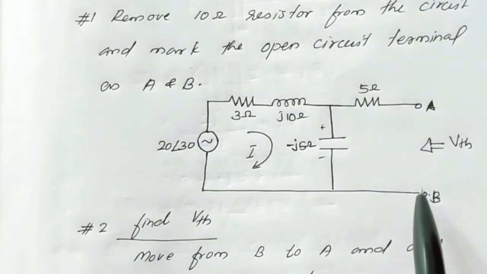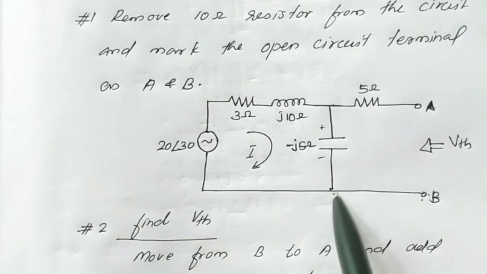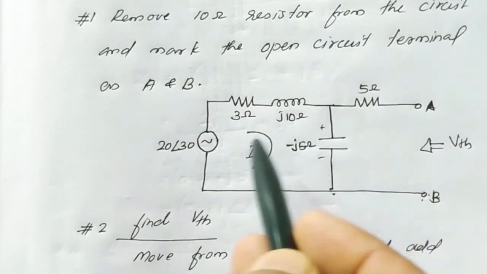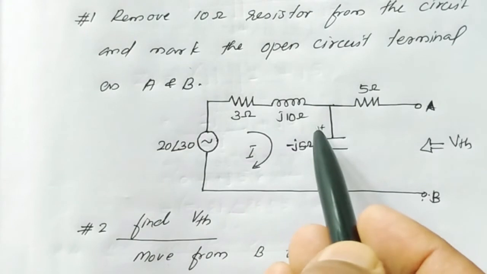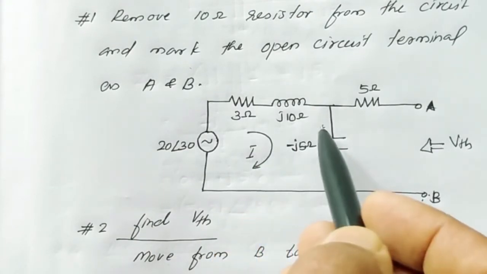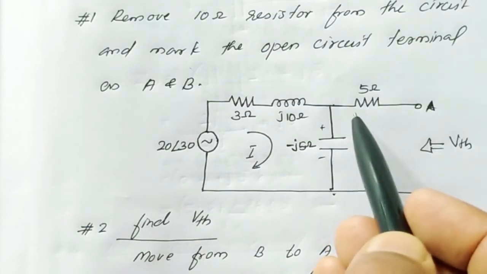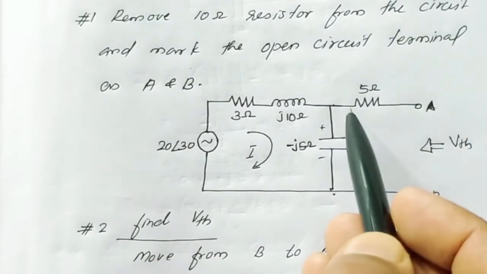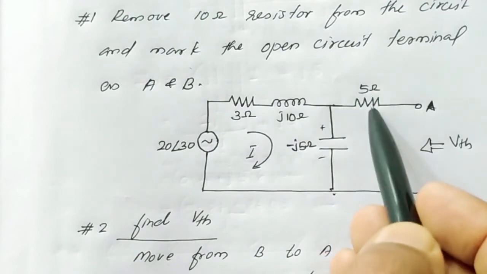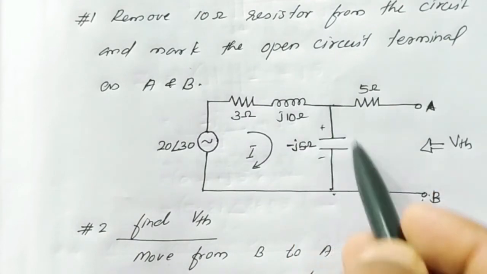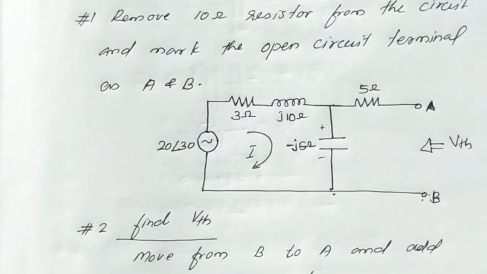Here the voltage drop in this path is 0. The voltage drop in this path is this impedance times I. It is a rise in potential, because current is moving from higher potential to lower potential. As there is no current flowing in the 5 ohm resistor, the potential drop across this 5 ohm resistor is 0. That means VTH is nothing but the voltage drop across this impedance, that is the capacitive reactance.